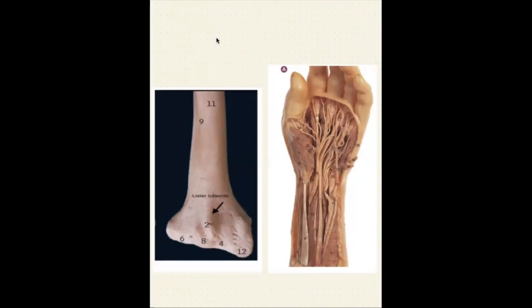So what are the clinical features? If there is paralysis in the upper trunk of the brachial plexus, there will be some motor and sensory defect.